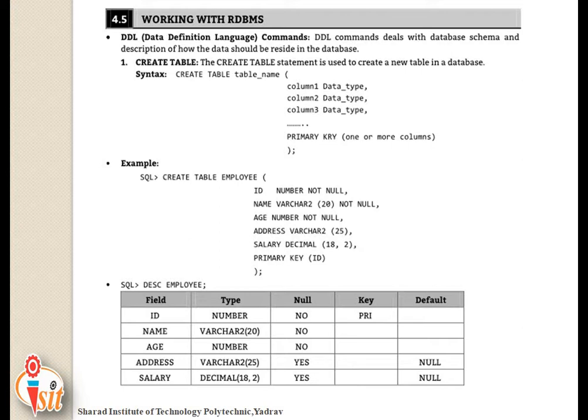For that, the syntax is given here. See the syntax: create table, then you have to write the table name, and in brackets the different columns separated by commas. That is column 1, what is the data type of that column first, then to take another column, separate this by using a comma, then column 2 and its data type, then column 3 and its data type.